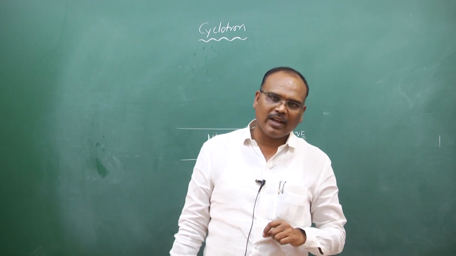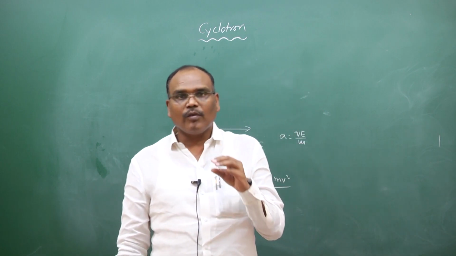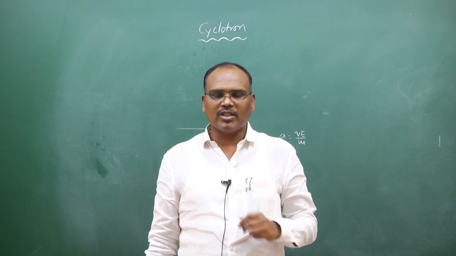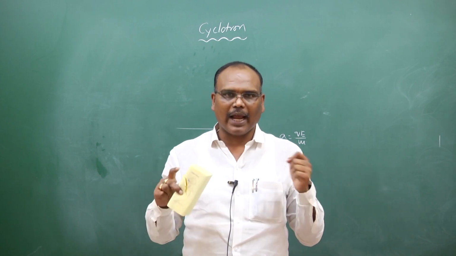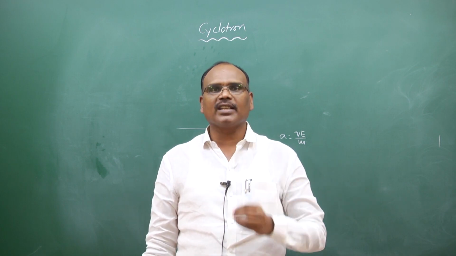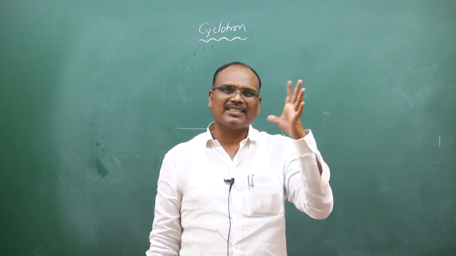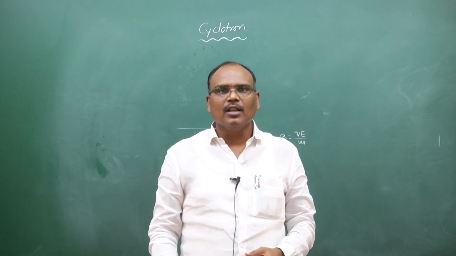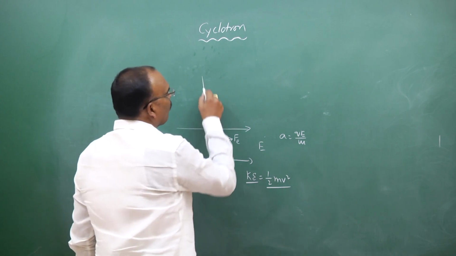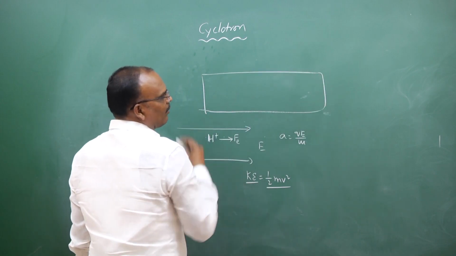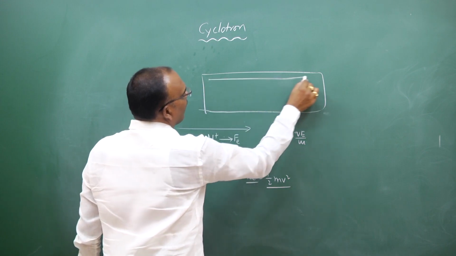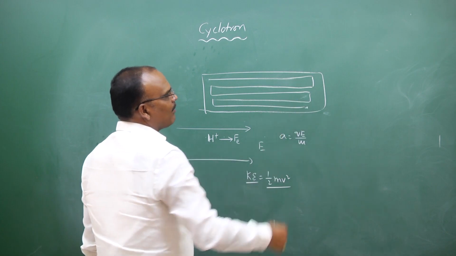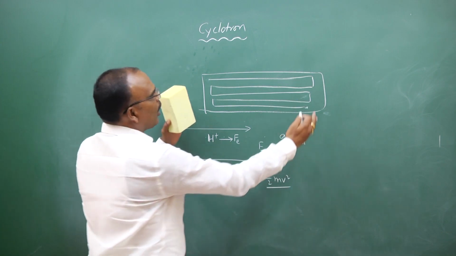This kind of concept we have seen in current electricity. In the meter bridge, we used 1 meter as a straight wire, whereas in the potentiometer the length of the wire is 5 meters or 10 meters. Having a 10 meter wooden plank is difficult. So in the potentiometer, we take a 1 meter wooden plate over which the wire is bent like this, with 10 folds, so 10 meters of wire is arranged in a small region.